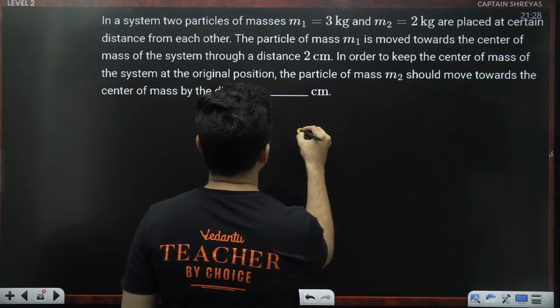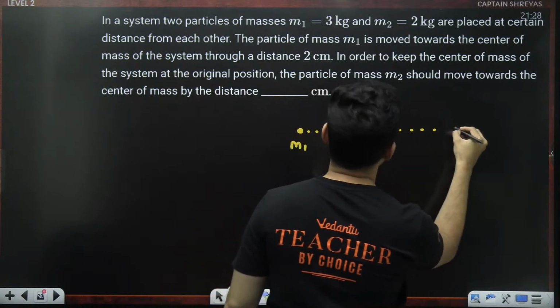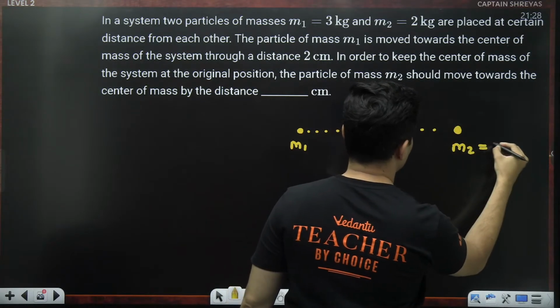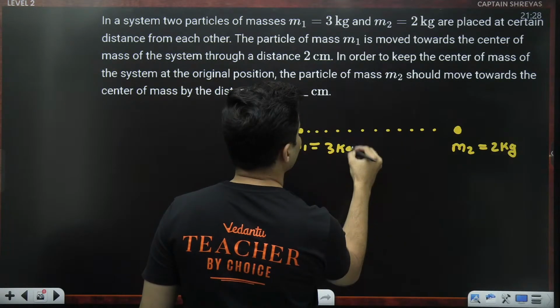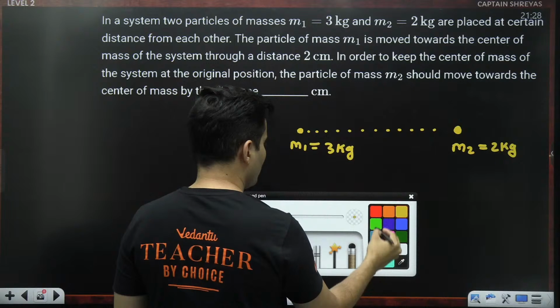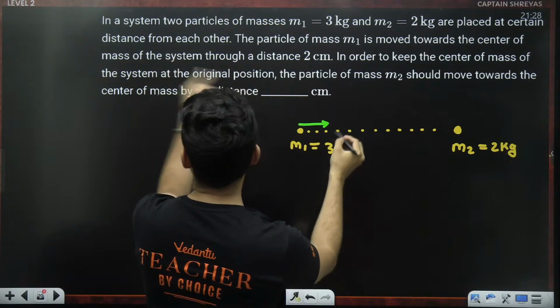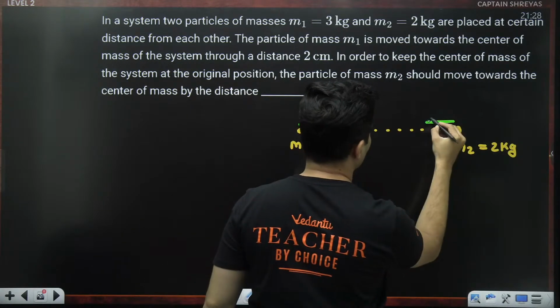We have mass 1 and it is separated by some distance. This is mass 2, which is basically 2 kg. This is 3 kg. Okay, now you are just moving this guy, mass number 1, towards the center of mass by 2 centimeters. Question is, how much will you move this by?